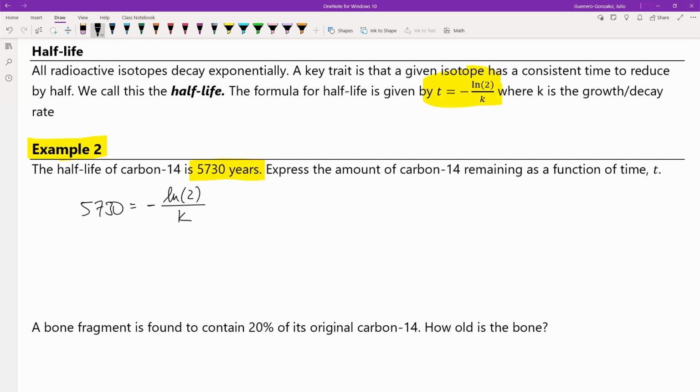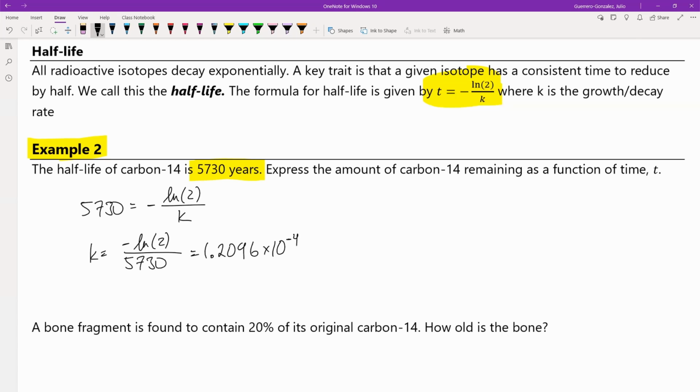And when we solve this out, I'm going to get k is equal to negative ln of 2 divided by 5730, which is going to be equal to 1.2096 times 10 to the negative fourth.